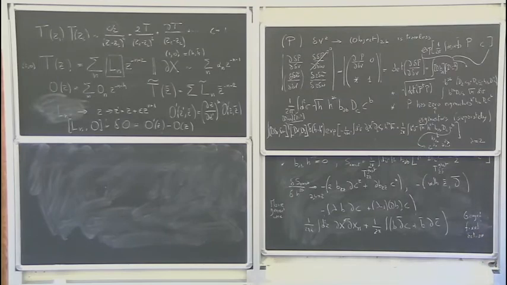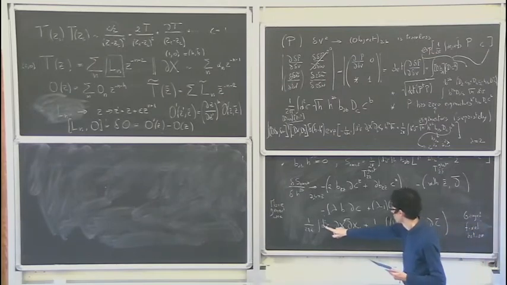All this factor of h disappears, and this is written in the complex coordinate d2z.